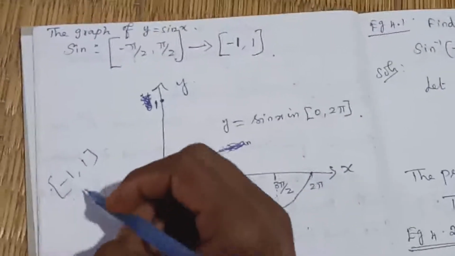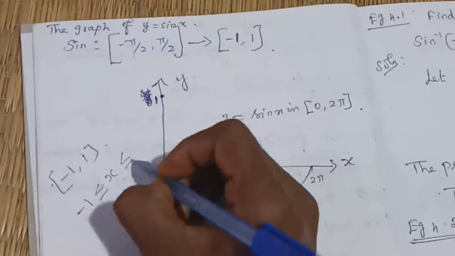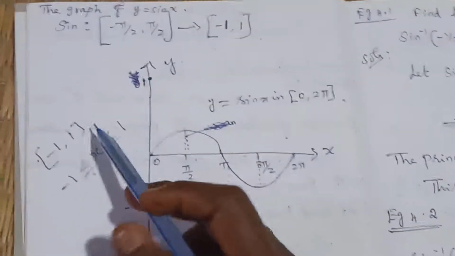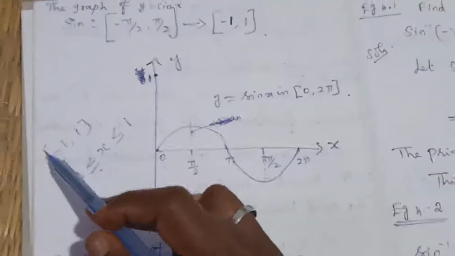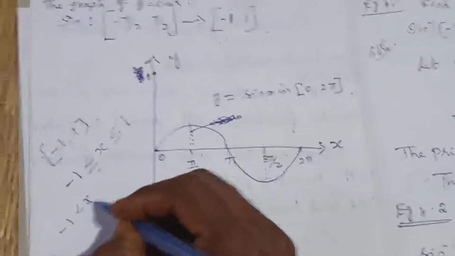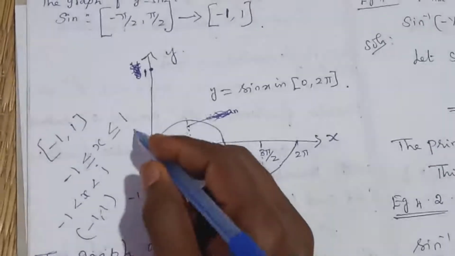We can write here -1 less than or equal to x less than or equal to 1. Here less than or equal to must come, meaning we must use a closed interval. Suppose -1 less than x less than 1, then we can write -1 comma 1 as an open interval.